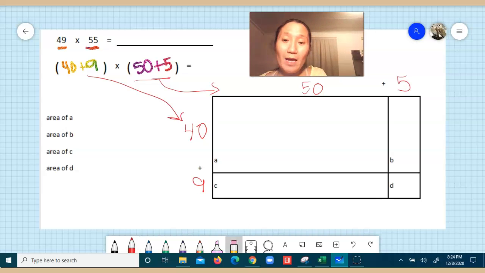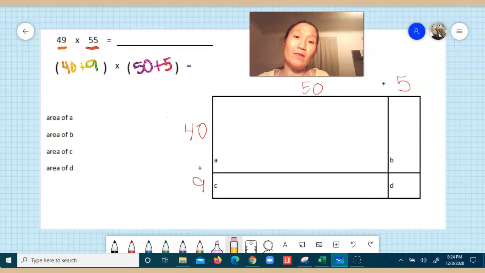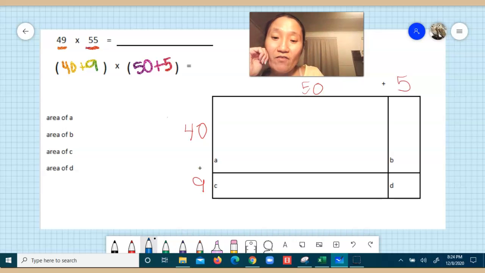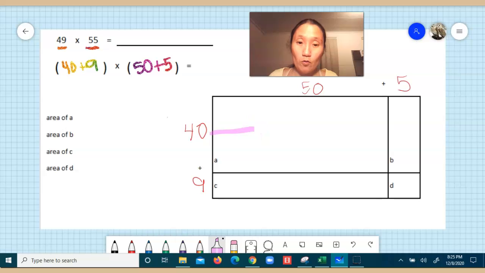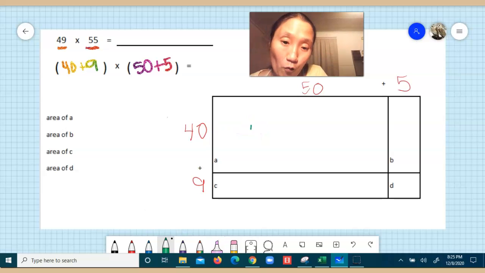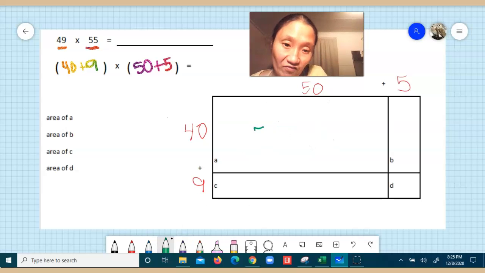Okay? So now we have to create our equations. And usually with these ones, I write them inside the boxes. So we have the first equation. You take the 40 and the 50 and slide them in the box. Okay? So your equation there will become 40 times 50, or you can write that as 50 times 40.